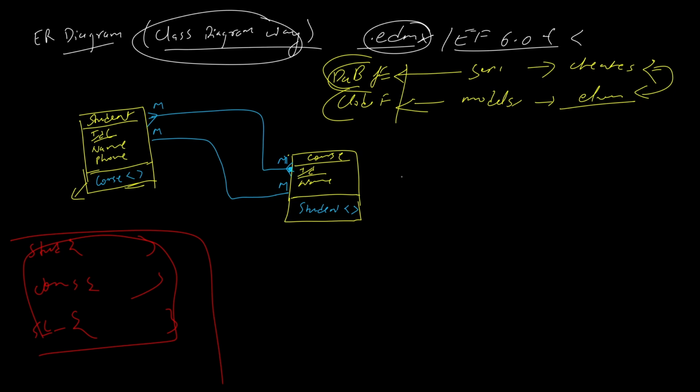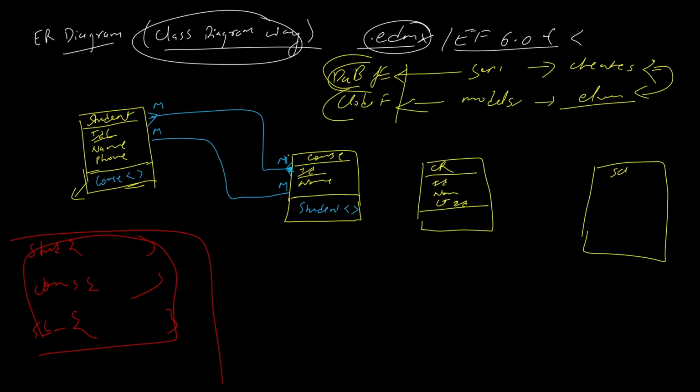Now, if we take the other example that we had yesterday, it was classrooms, let's say classroom with ID, name, class teacher ID, etc. And we will have something called school.